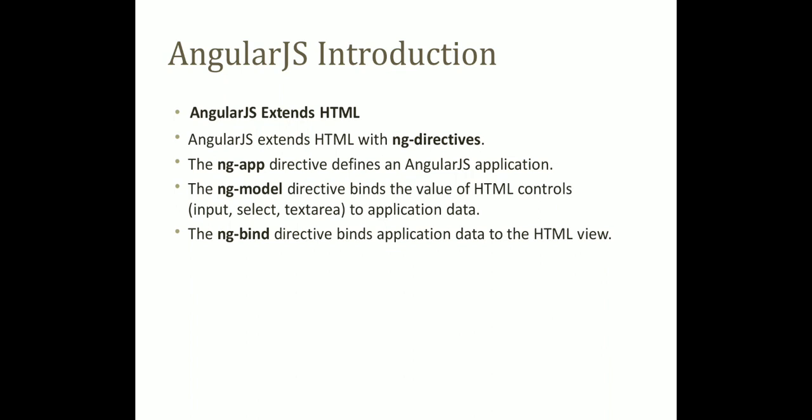And the third point, the ng-bind directive binds application data to the HTML view. So these are the main contents of your ng script. While writing it into the script, you will get a clear idea about how to use ng-app, ng-model and ng-bind.